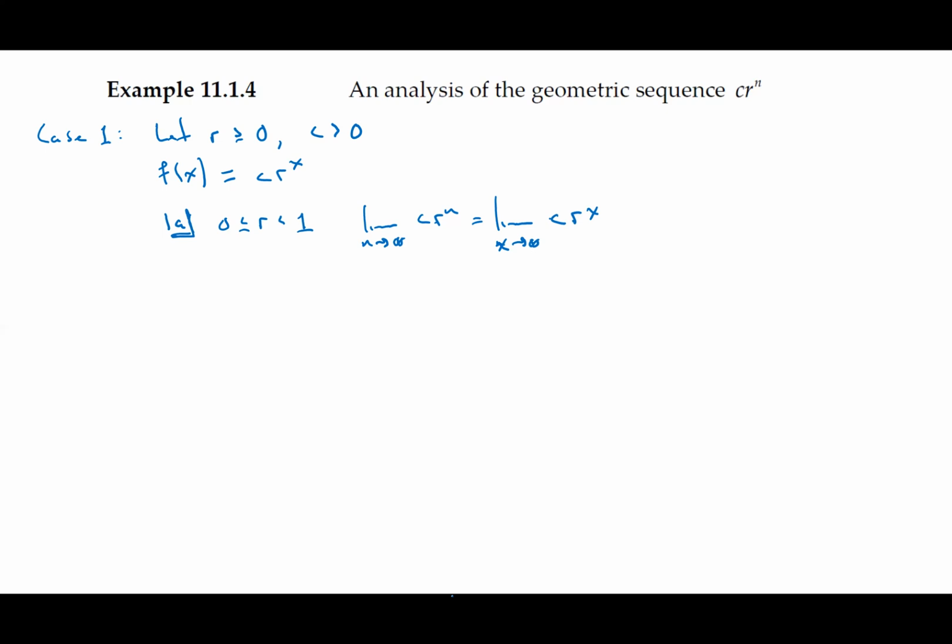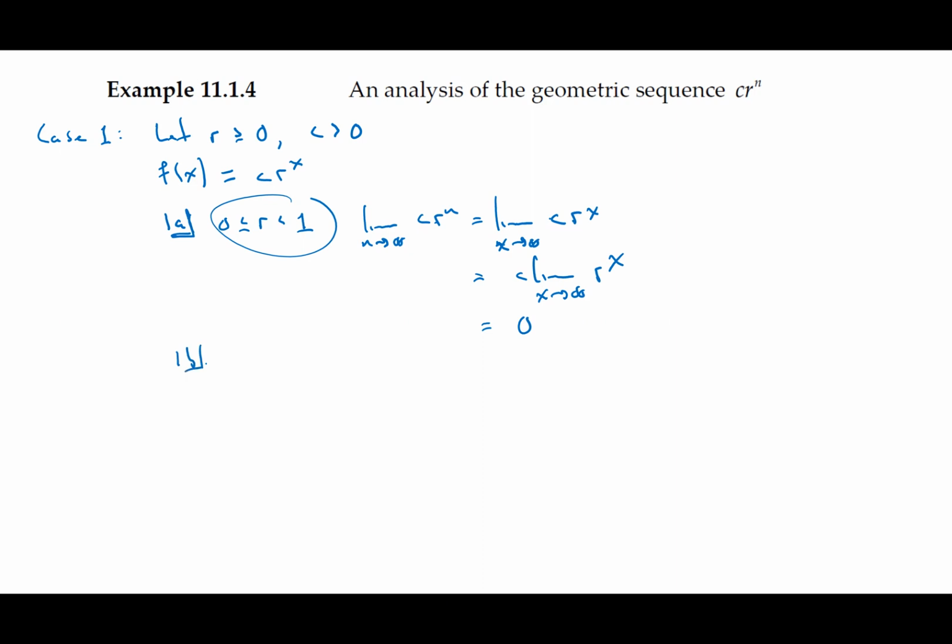Well, R is less than 1, right? That was our assumption here. And so if I have something less than 1, and positive, being raised to an arbitrarily large value, we just get 0, okay?